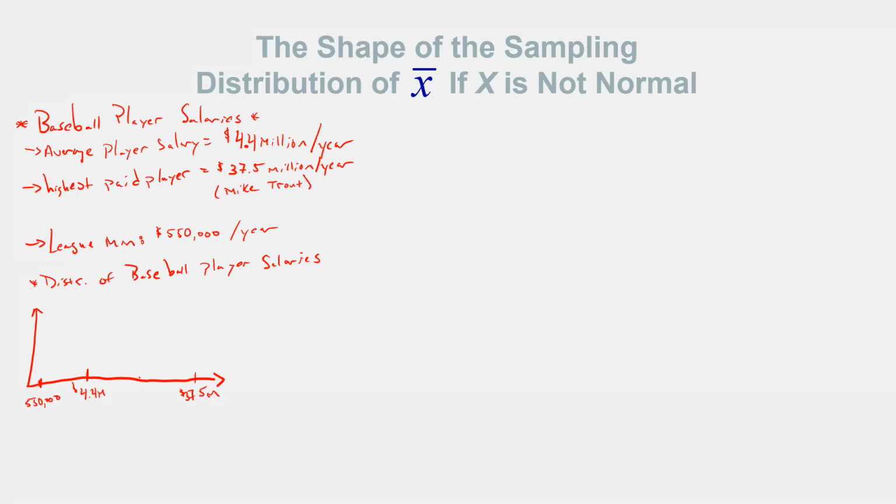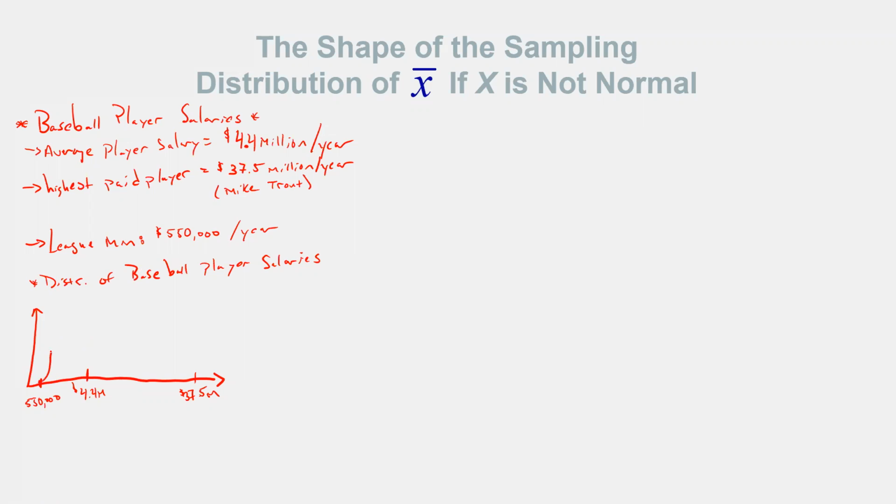Do you think most baseball players make more or less than the average salary? Think about the average baseball player. Do you think they make more or less than 4.4 million? Well, I'll help you out here. The average baseball player makes way less than 4.4 million.